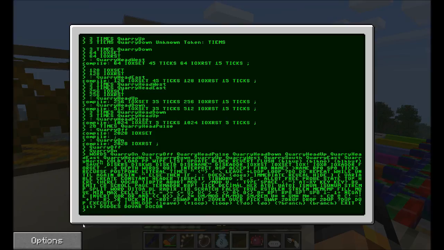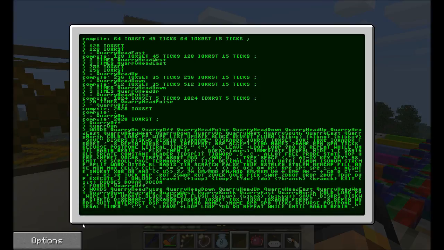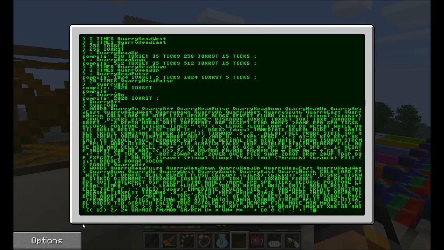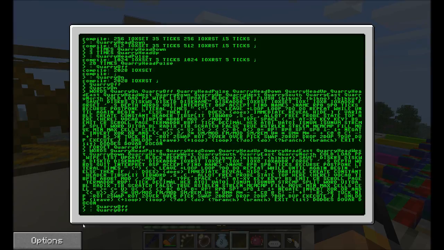And here's a perfect example. Forget quarry off. As you can see, I don't have quarry on anymore either. So, 2048. That's right.